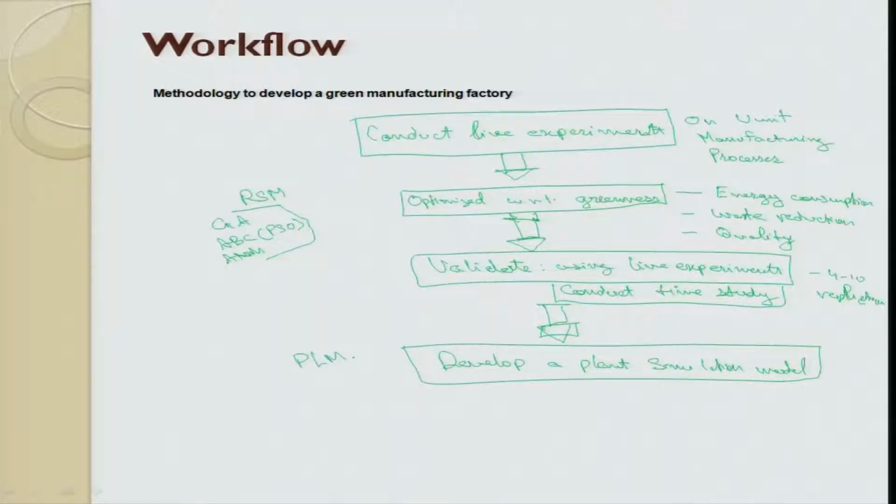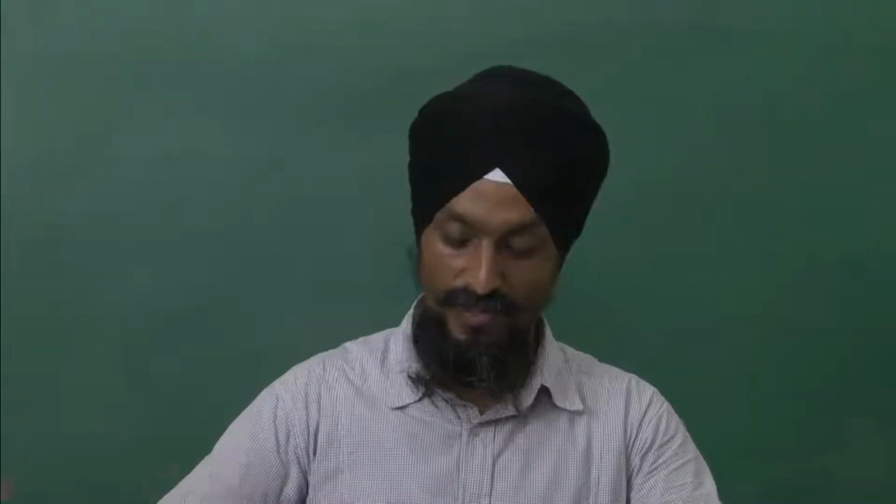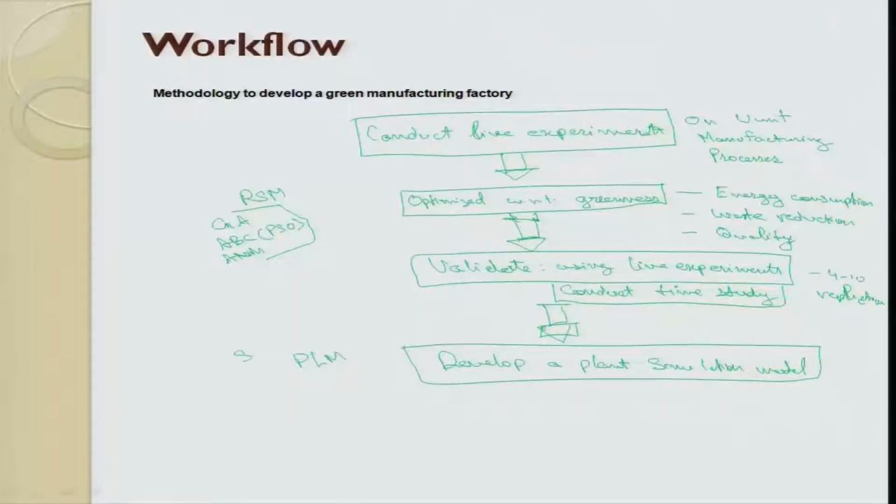PLM is product lifecycle management software that is provided by Siemens. Also, there are other tools like Arena and certain open source, open access sources, like Modelica. Those are available, but PLM is a way good software in that. So this is by Siemens.